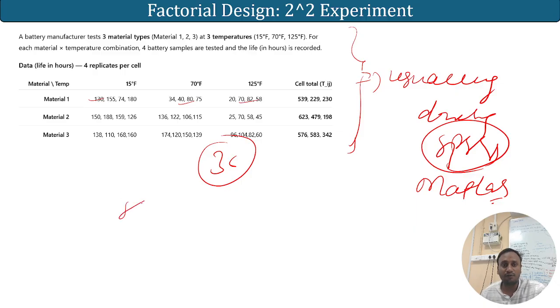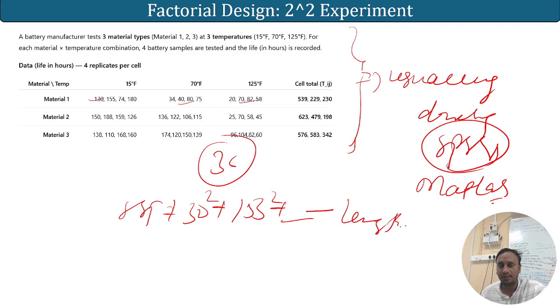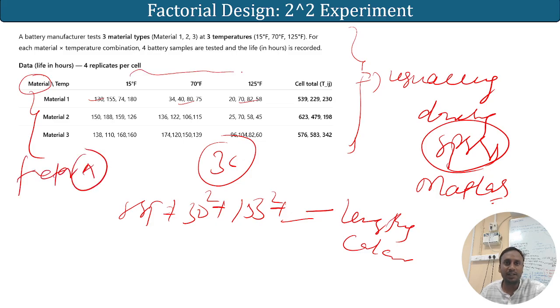And then for the SST we have to take all the summation, 130 square plus 155 square. It's a very lengthy calculation, but the idea will be the same. In the material, we have factor A and temperature, we have factor B. The whole idea is the same.